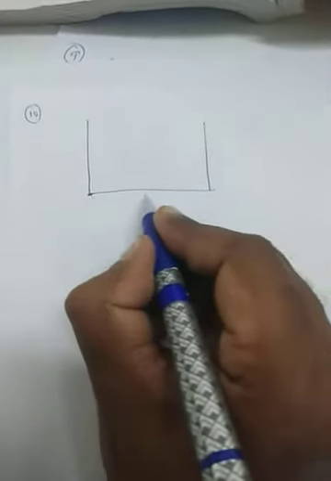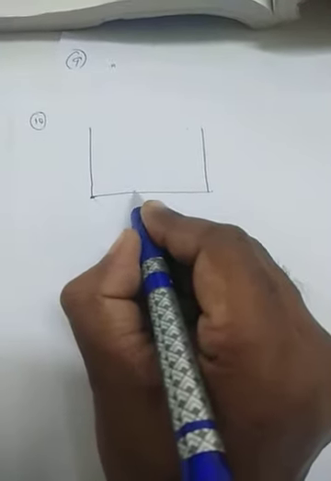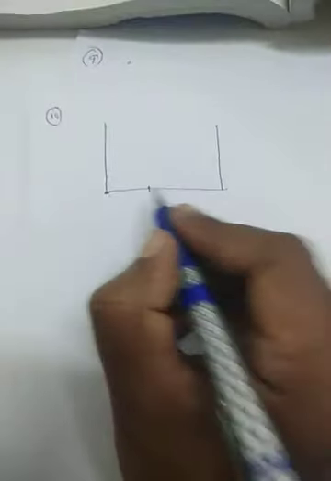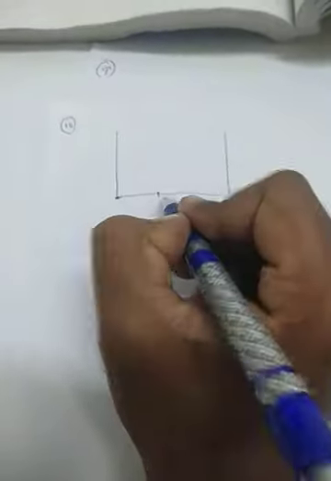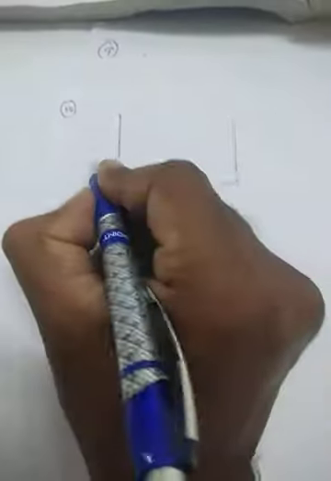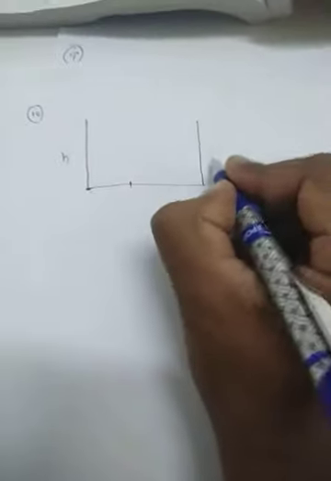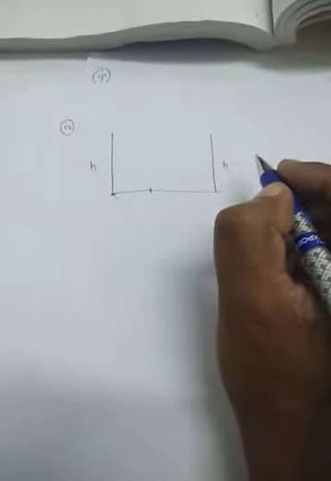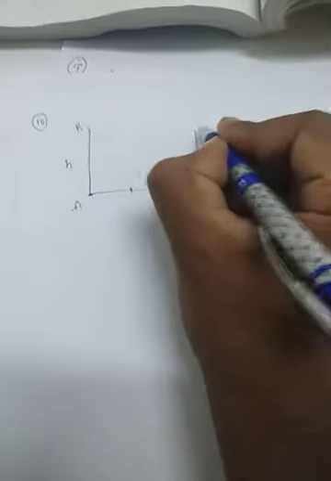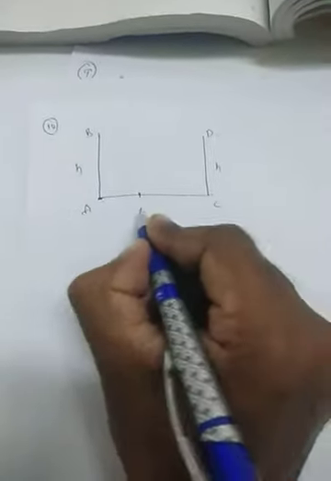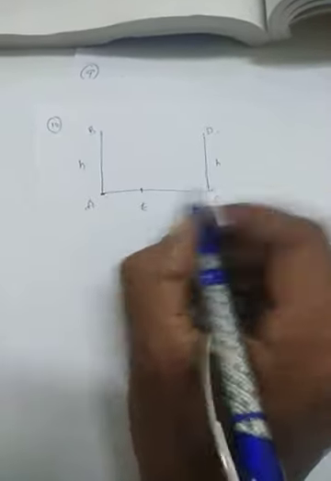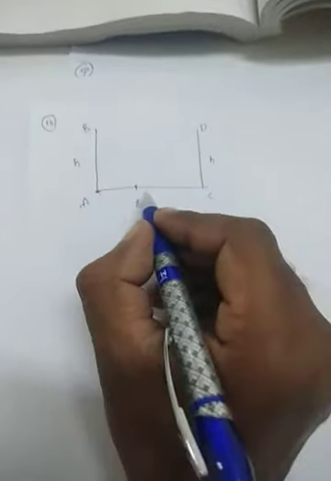This is the roadway, and here I am taking a point. If I take the point here, this angle will become 60 degrees, and if the height is h, the other is also going to be h. We have to observe this carefully, since these two poles are of equal height. I am naming them differently, but AB and CD will be equal, and E is a point on the road between the two poles.